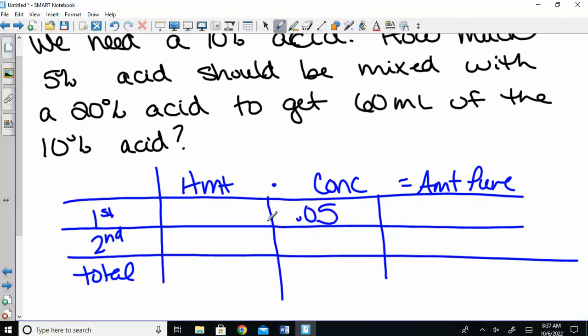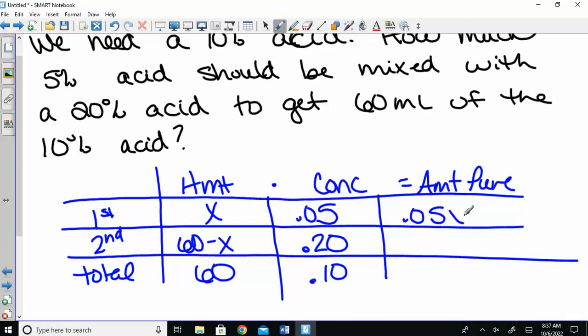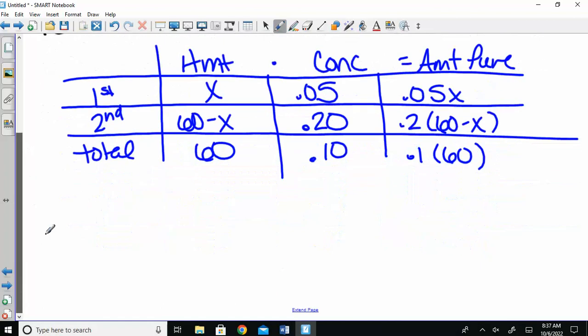It said how much 5%, so that's X, should be mixed with 20% to get 60 milliliters of 10%. So the 60 is my 10%, so then what goes here? Yeah. So then we multiply, add the first two to equal the total.